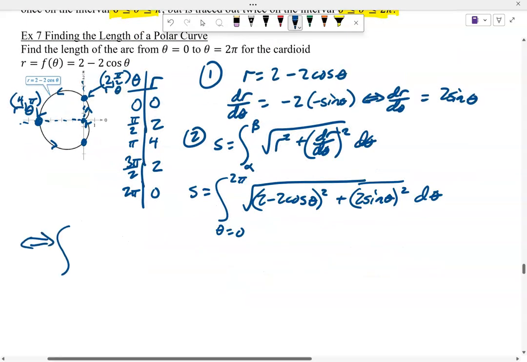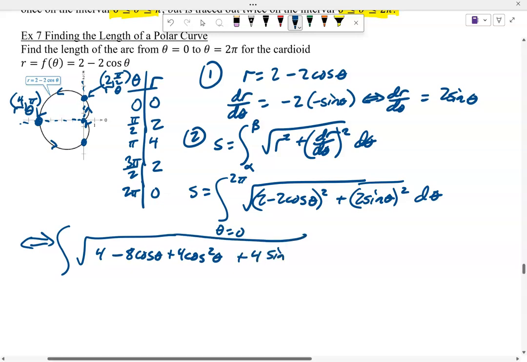So I get 4 minus 4 cosine minus 4 cosine, so minus 8 cosine, plus 4 cosine squared, plus 4 sine squared, d theta.